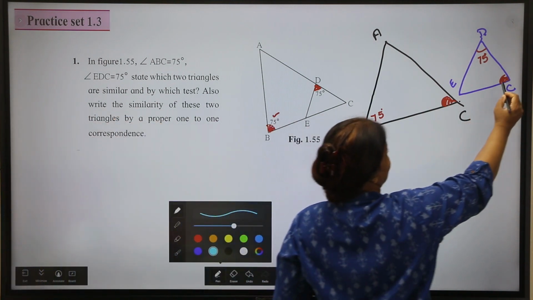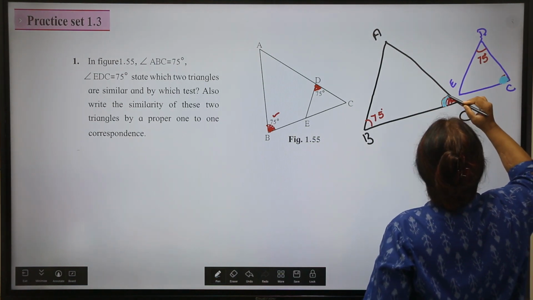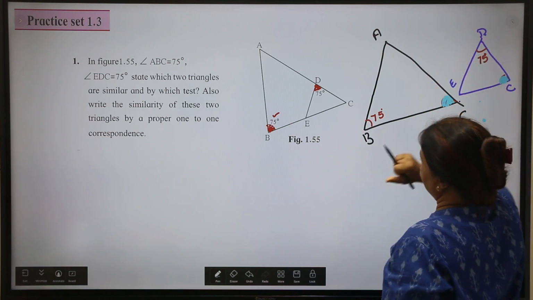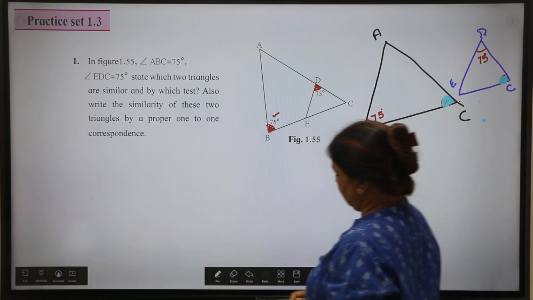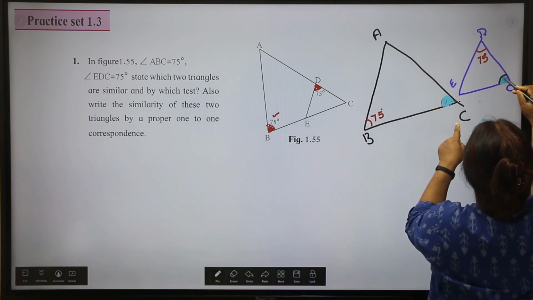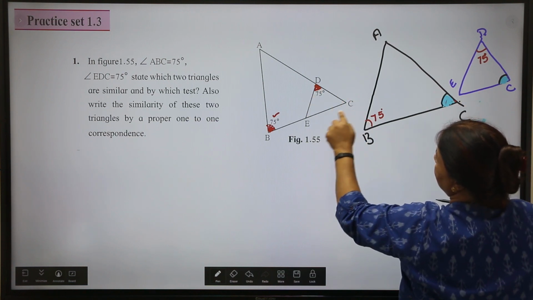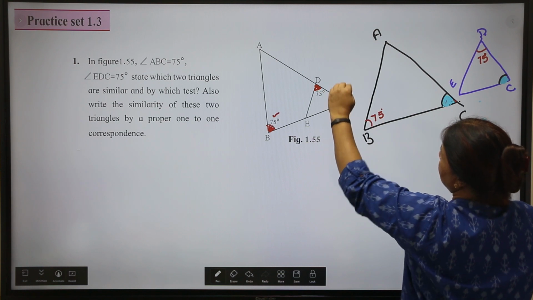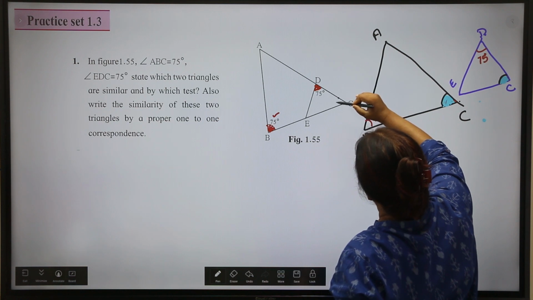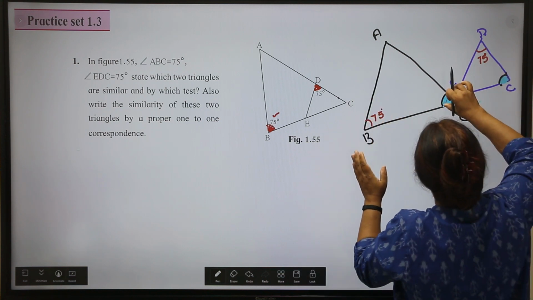Angle C is completely covering angle C. When I lift this small triangle and keep on this, it will be entirely covering. This angle will be entirely covering, and therefore see, this line and this line, you cannot see any part of bigger triangle this side. It is entirely covering. So this C angle is falling on angle C.